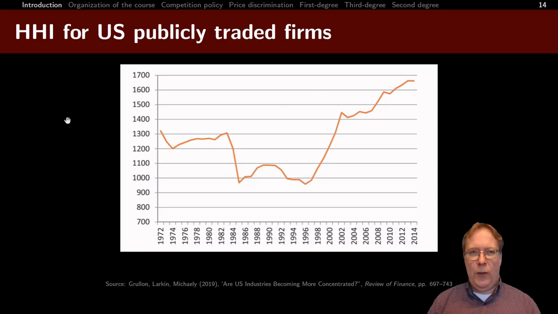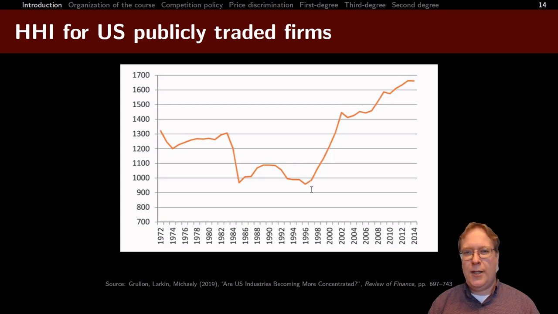If we look at the Herfindahl index for publicly traded firms in the US, so firms on the stock market, then you can see it's another source that pretty much mirrors the picture we saw earlier, right? The picture of increasing markups.